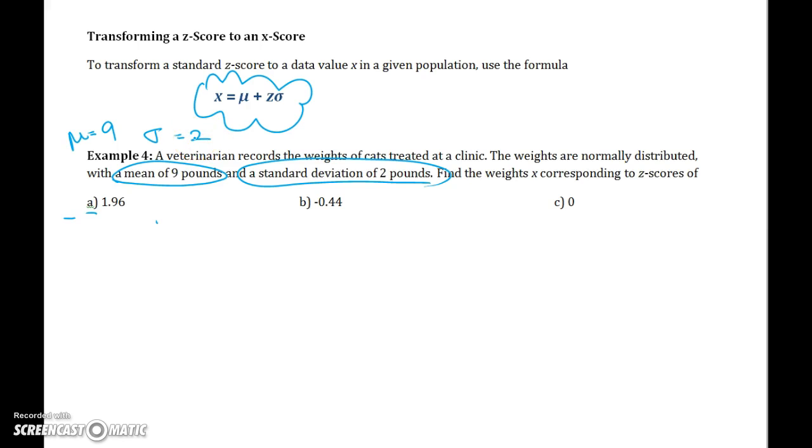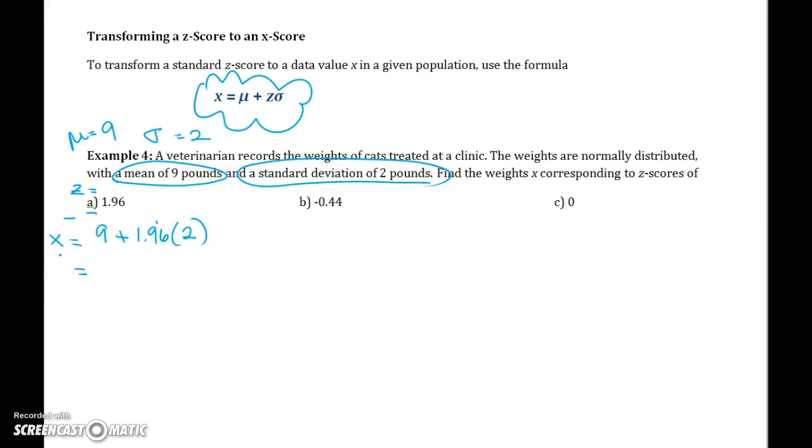So now we're going to use this information, plus they give me the z-score, so z equals 1.96. Plugging in everything I know, and I'm going to find x. So x equals the average, which is 9, plus the z-score, which is 1.96, times the standard deviation, which for us was 2.